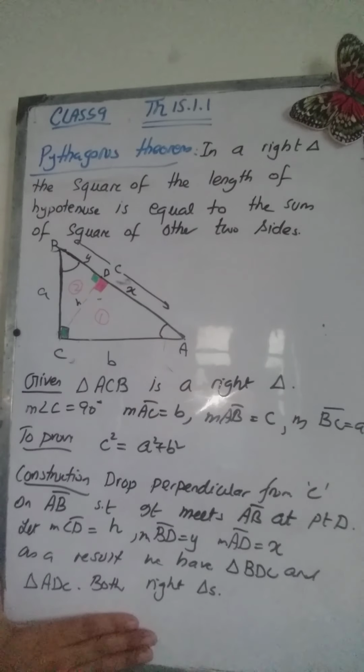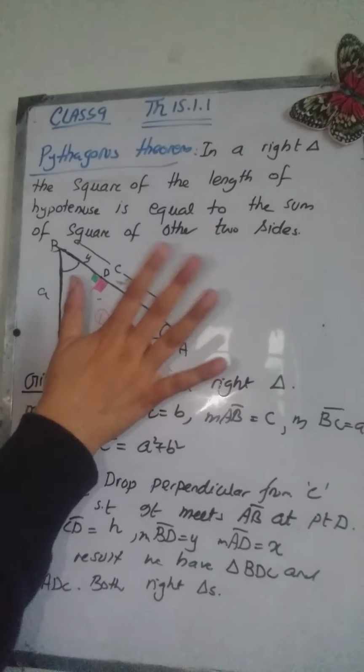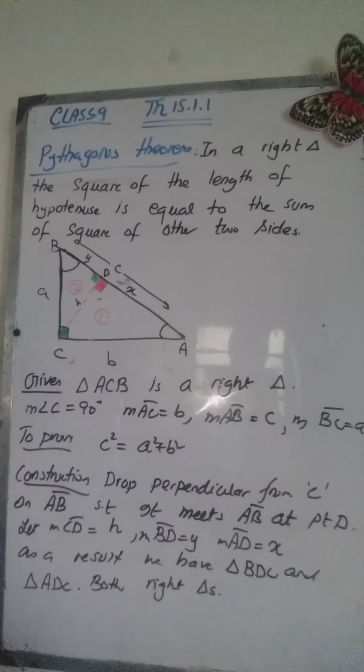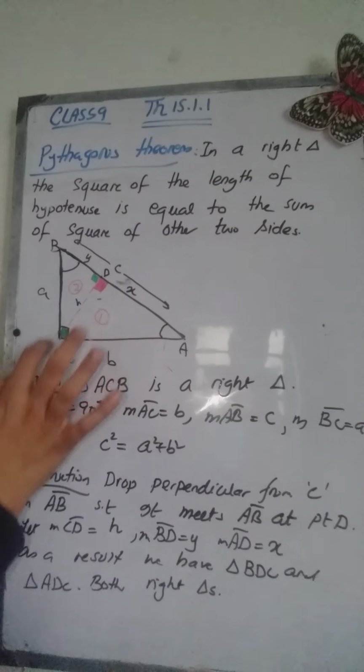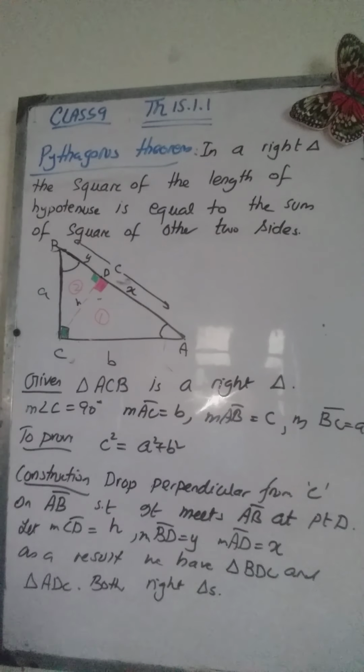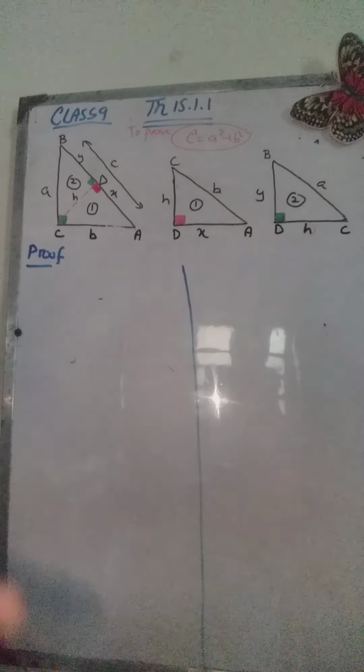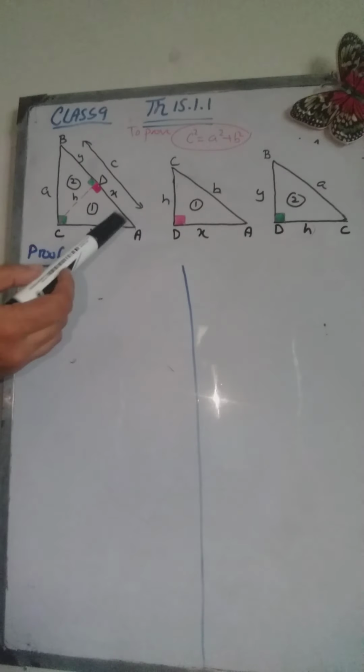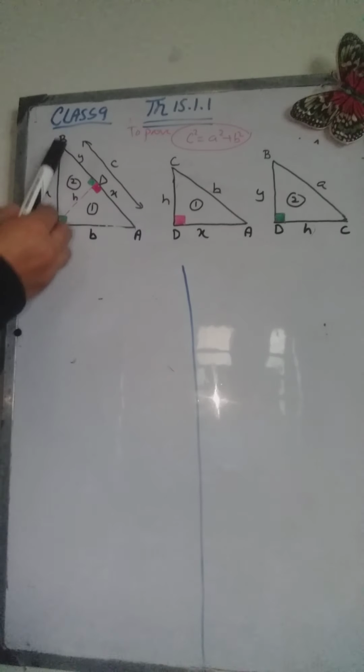Now I am going to start the theorem. I will write to prove somewhere over here, so you know what we want to prove. Remember that the given is that we have a right triangle with the right angle at point C, and we have divided it into two right triangles, ADC and BDC. So we had triangle ABC.